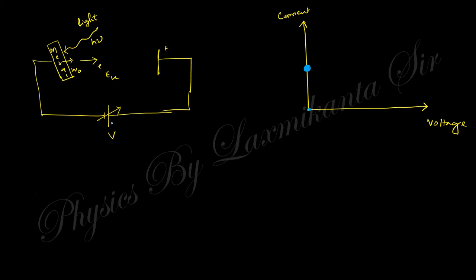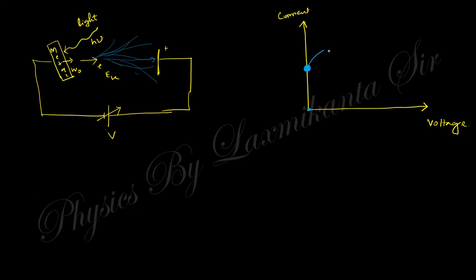Now if you increase the voltage, the electrons are ejected, and some go away from that region. Not all are collected by this plate, but when the voltage increases, the attraction increases, and the ejected electrons also come towards this plate, and the current increases.